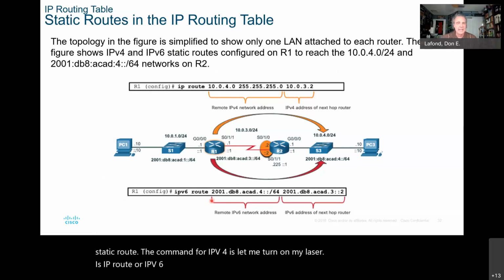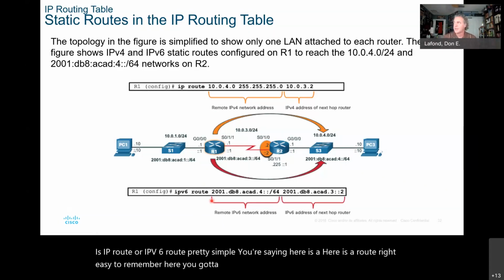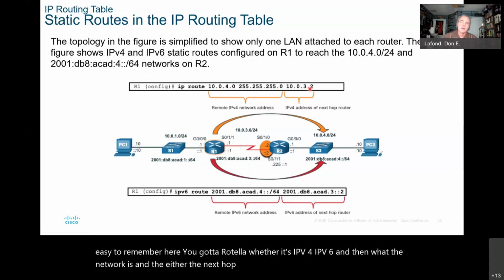Pretty simple. You're saying here is a route, right? Easy to remember. You have to tell it whether it's IPv4 or IPv6, and then what the network is, and either the next hop IP or the exit interface, or both. In this case, they're just showing the next hop IP address.